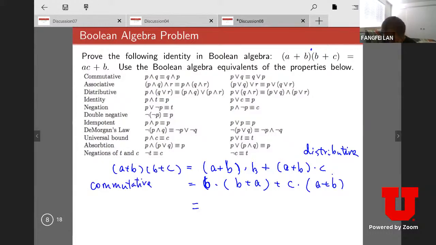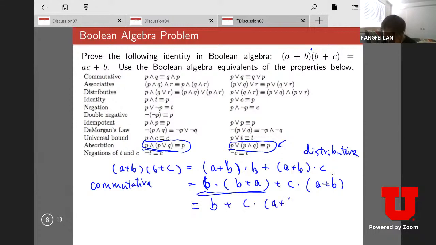And then we can use this right here. So I think it's this one. So we use the absorption rule to basically say that this part is equal to B. And then we write this again.